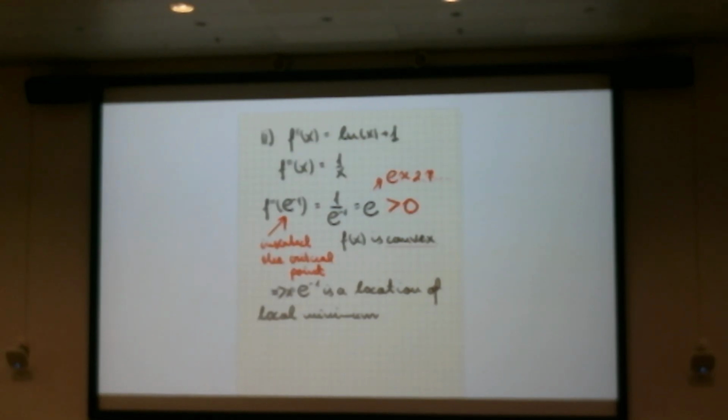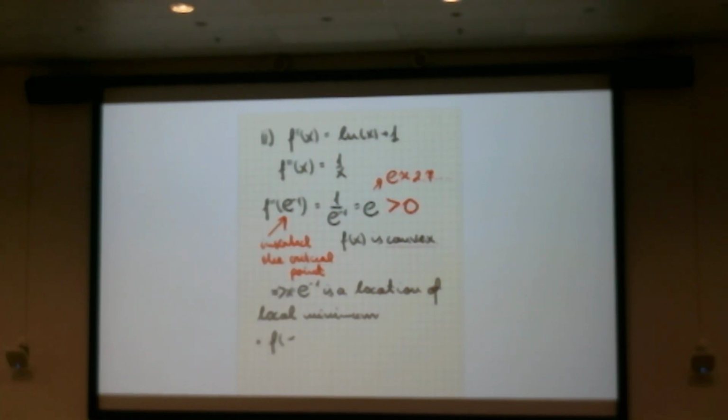Okay, so what we can do now, we can just insert the value. We can just take this number, e to the minus 1, and we can find the minimum.